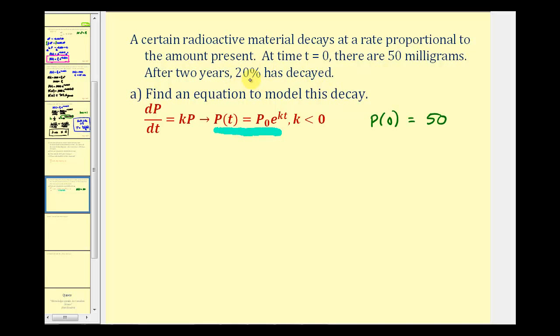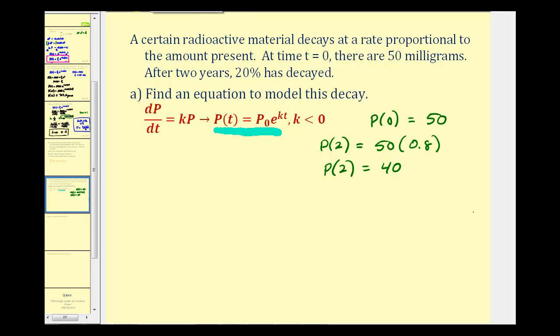This does not mean k is equal to negative 20% or negative 0.2. That means that P(2) is going to be equal to 20% less than 50, which means 80% would remain. So this would be 50 times 0.8, which would give us 40 milligrams. So P(2) is equal to 40 milligrams.